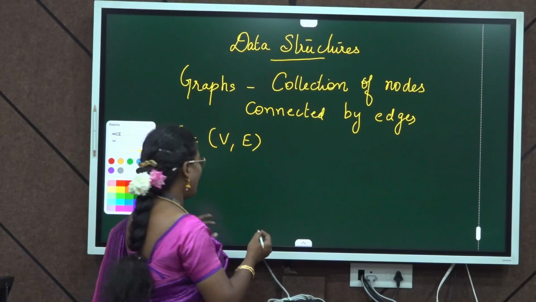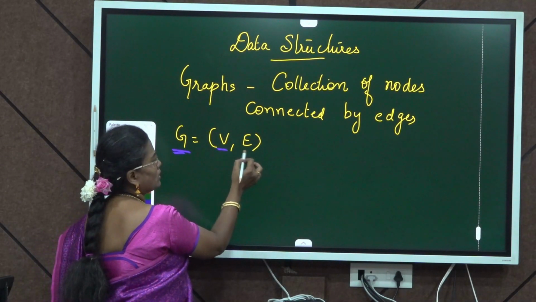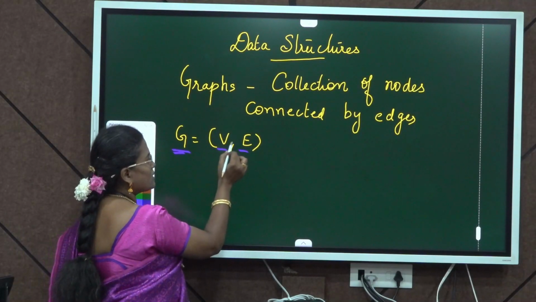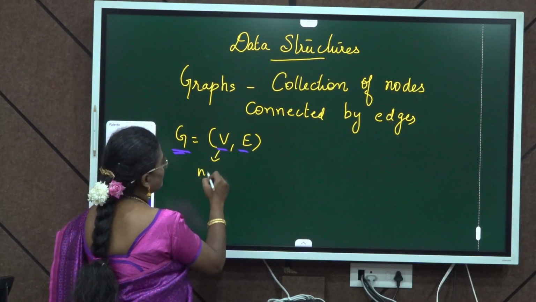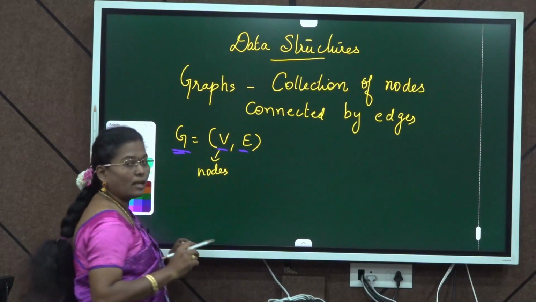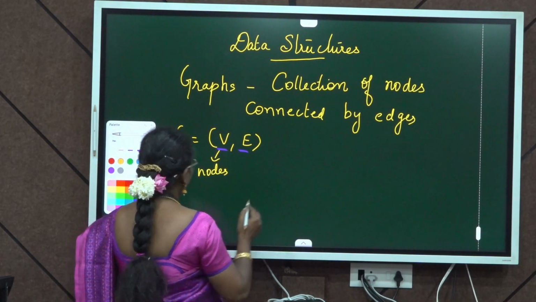That is, we do have a graph G which is having two things in it. One is vertex, the other one is edge, and this vertex is called as nodes. So whatever we say as a vertex, this is called as node. Now let us take a small example of it.